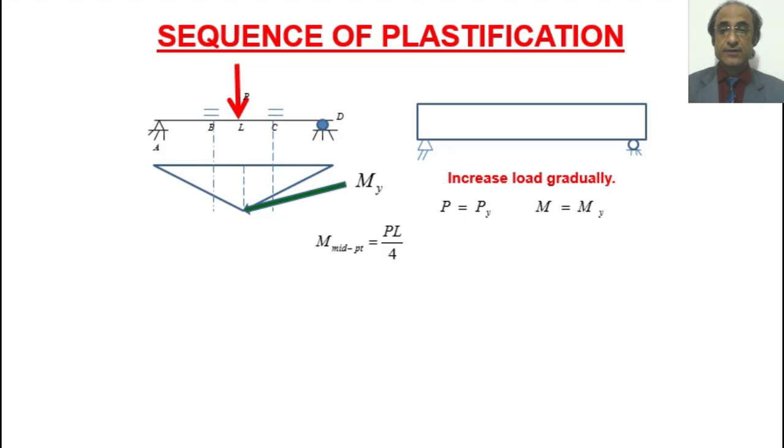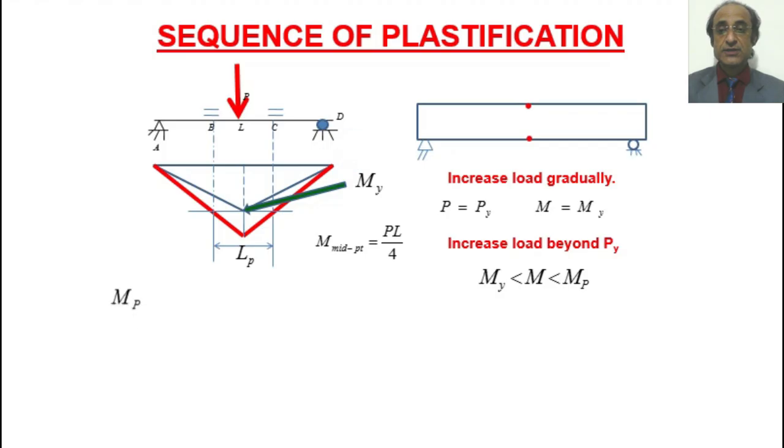If we increase the load to the yield load, so that the moment reaches the yield moment, then at the two extreme fibers we have reached the yield stress condition. If we now increase the load further, we have crossed the yield moment at the midpoint, but we have not yet reached the plastic moment. So the section is still resisting a moment much below the plastic moment.